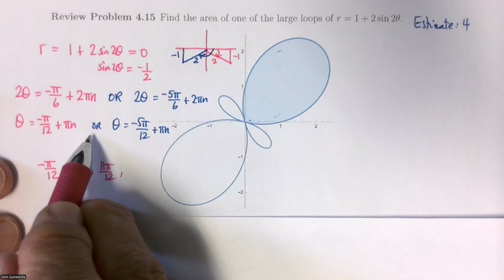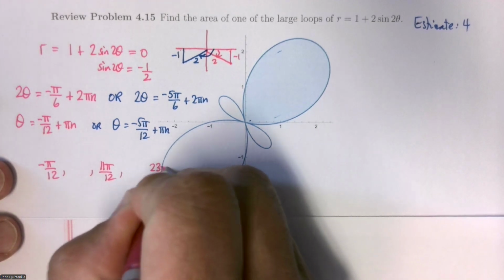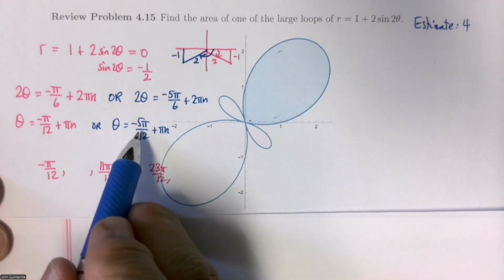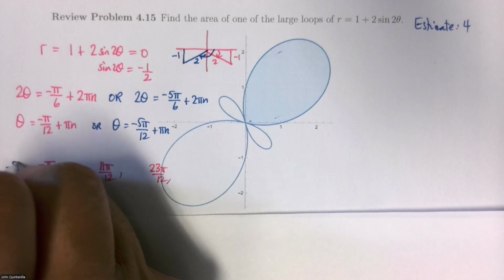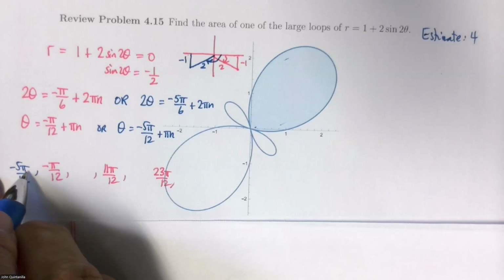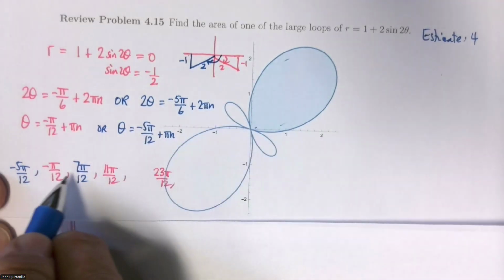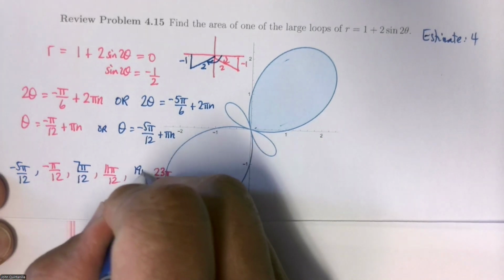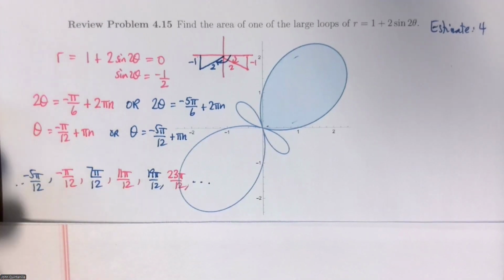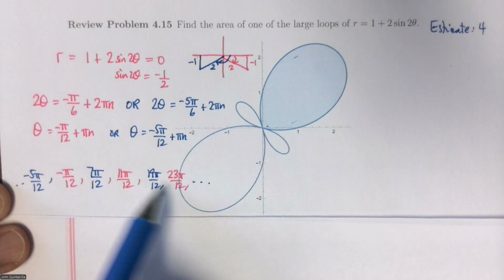Add another pi, and that takes me to 23 pi over 12, and so on. Negative 5 pi over 12 is a little to the left of negative pi over 12. Adding pi to that gives 7 pi over 12, and adding another pi gives 19 pi over 12. So I have an infinite number of solutions going in both directions, and the pink and the blue ones are interlaced.